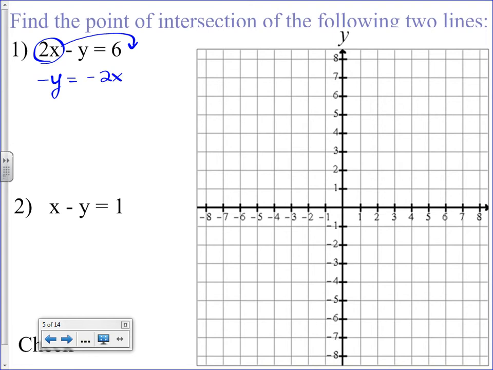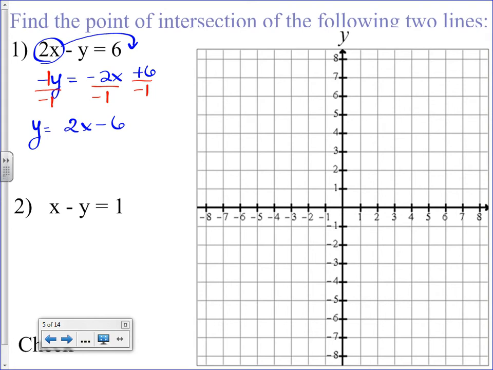Did I move the 6? So it stays just plus 6. What do I have to do next? Good. I divide everything by negative 1, because there's a 1 there. Divide by negative 1, divide by negative 1, divide by negative 1. Rachel, how does that simplify? Perfect.